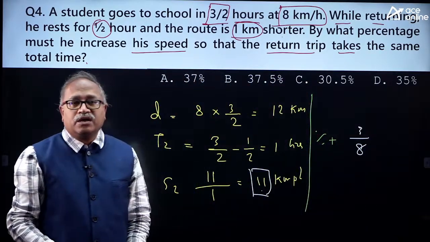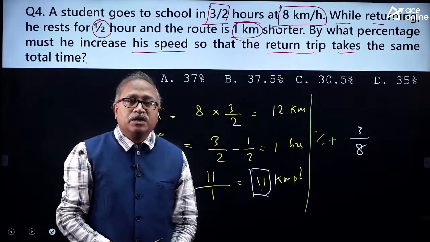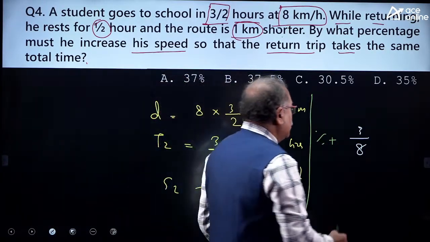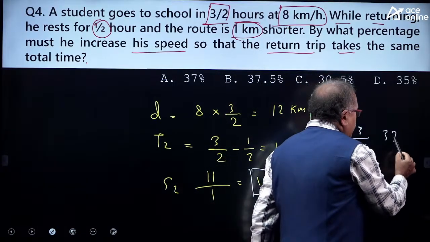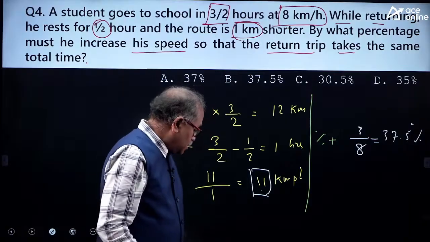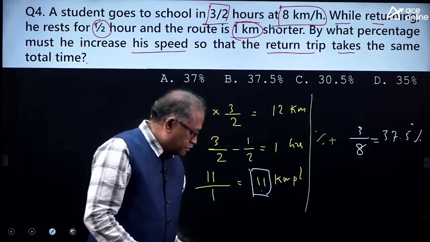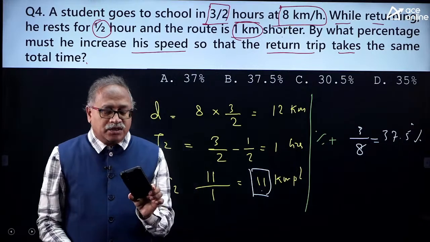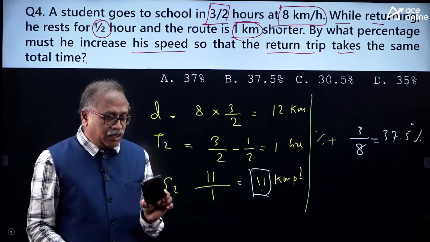We know 1 by 8 is 12.5%, so 3 by 8 is 37.5%. So my answer has to be 37.5%. Anyone answered it? That's okay. If you understood this, that's more than enough for me.